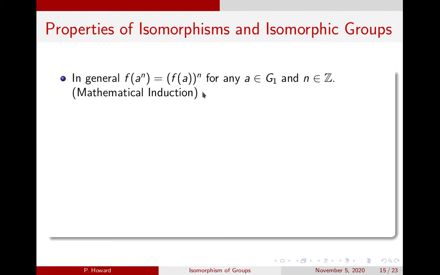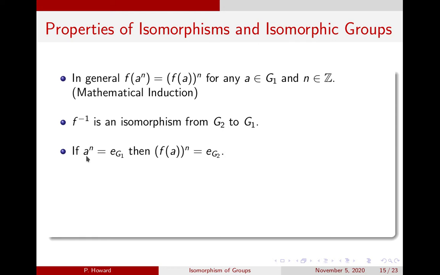The proof would be by mathematical induction, and at least for now we are skipping the proof. F inverse will be an isomorphism from G2 to G1. This is another property of isomorphisms that is easy to prove, but for the time being we're not going to do the proof.